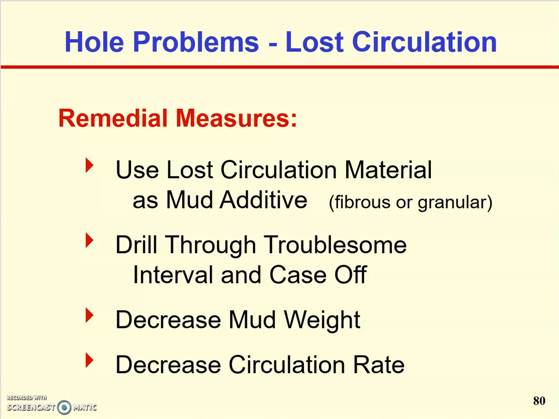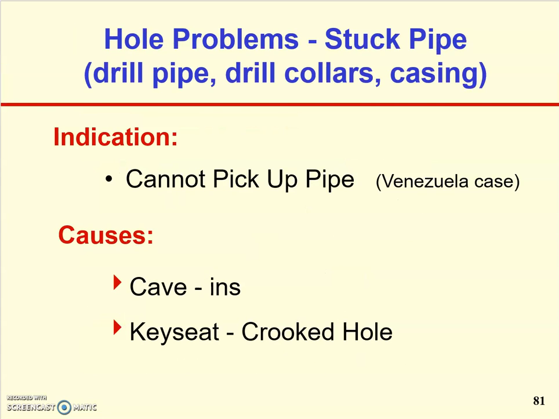Decrease the mud weight to drop the hydrostatic pressure, and therefore reduce losing the fluid into the formations in the cases that you have low pore pressure and you have high mud weight at the bottom. And also decrease the circulation rate, which means that you need to reduce the volume of drilling fluid that is coming into the wellbore.